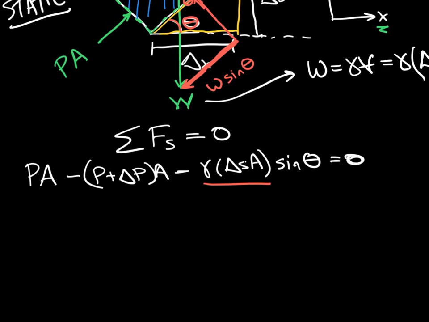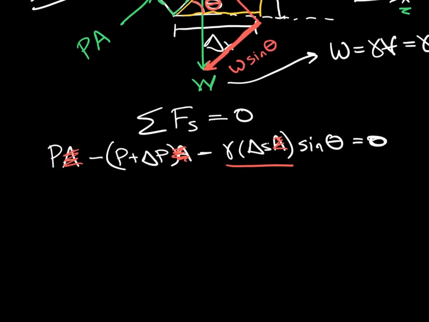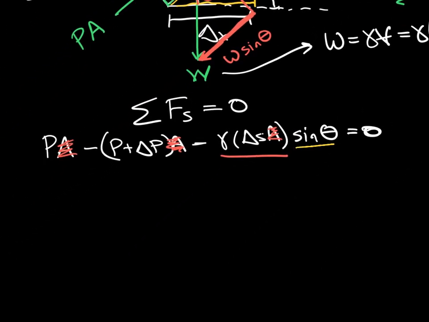First of all, this area is going to pop through everywhere. All the terms have an area on them, so we can get rid of all of those. I want to get rid of that sine of theta, so I'm going to use the terminology from up here, which was delta z over delta s. So this becomes delta z over delta s.